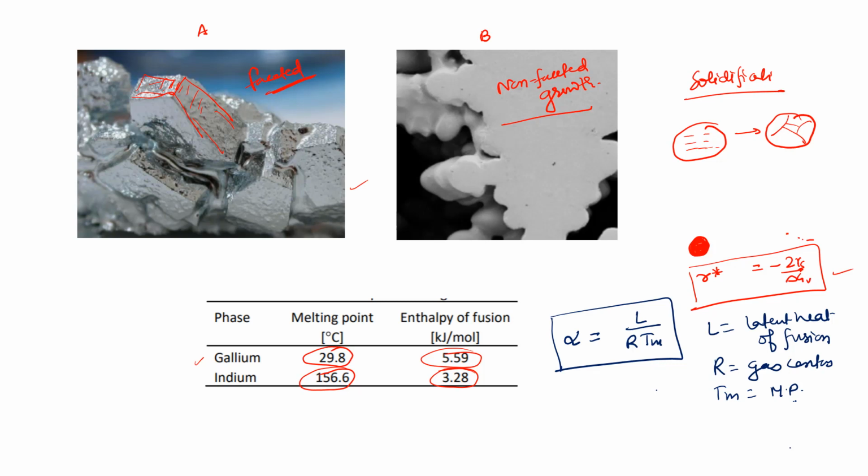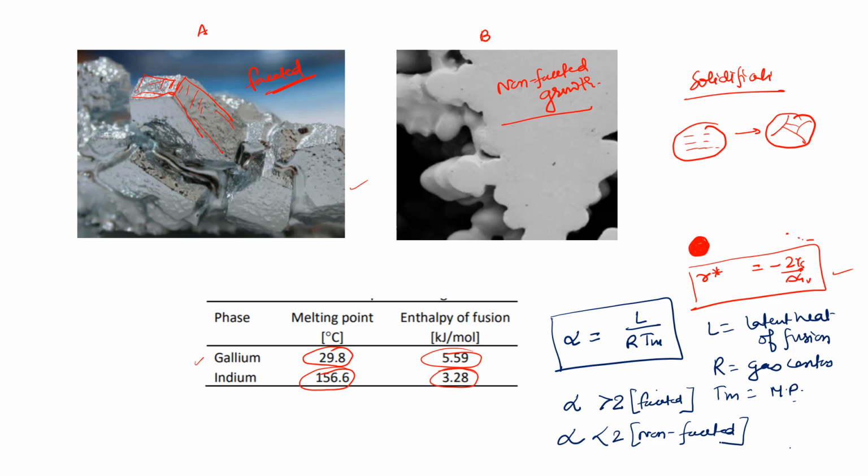This is the constant used to determine it. So what is the condition? If the alpha value is greater than 2, then we get faceted growth. If alpha is less than 2, we get non-faceted.